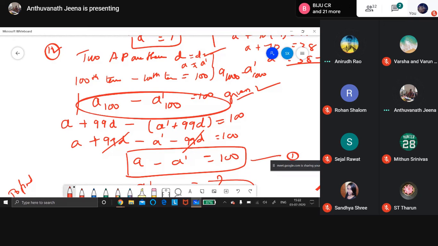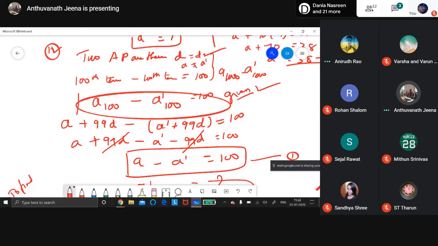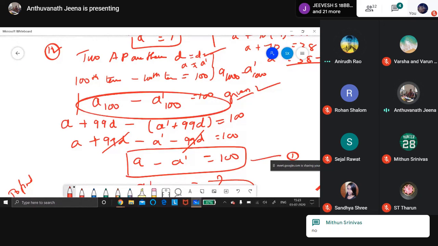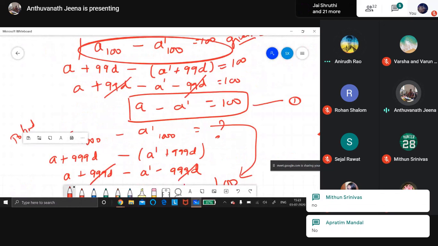So A plus 99D minus A dash plus 99D is 100. It's raining heavily, that's why we are losing connectivity, I think. So A minus A dash is equal to 100.